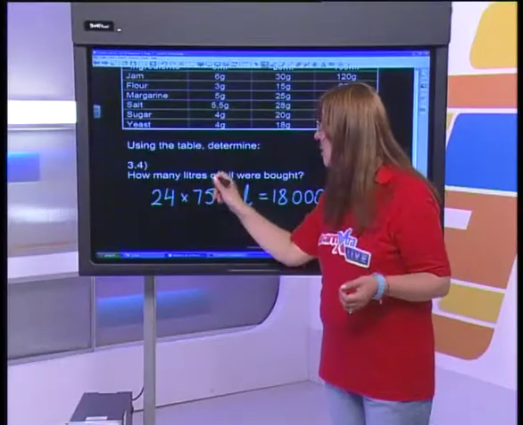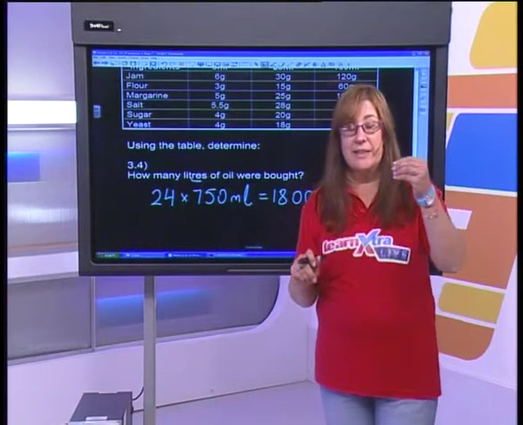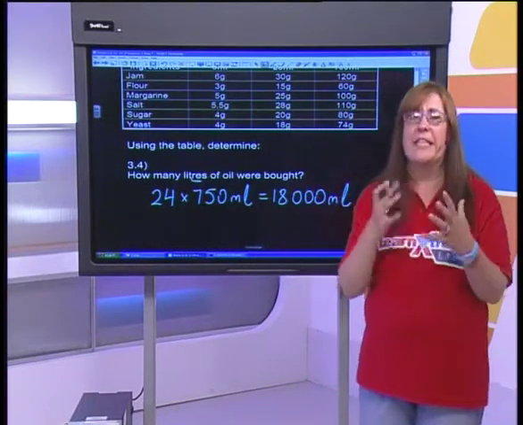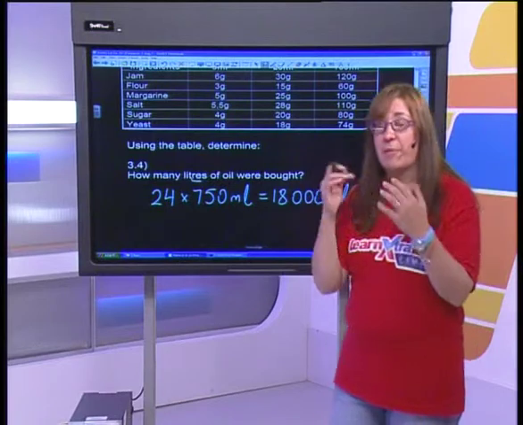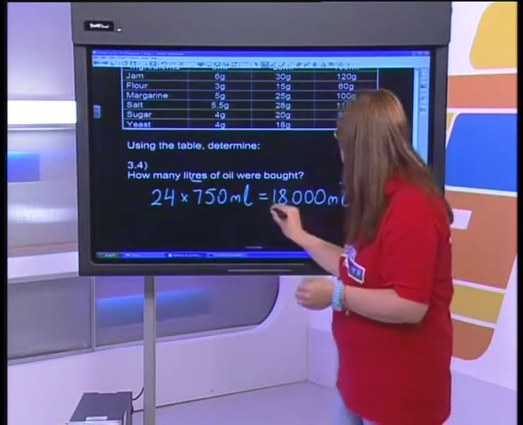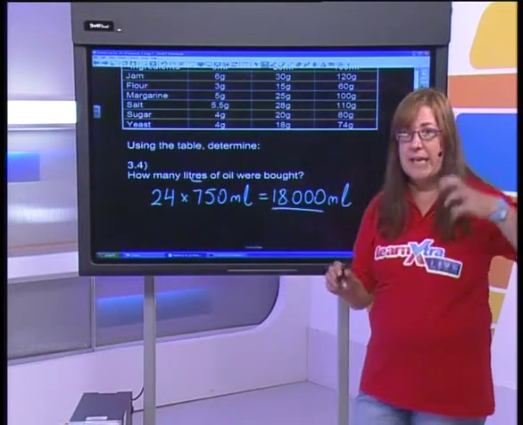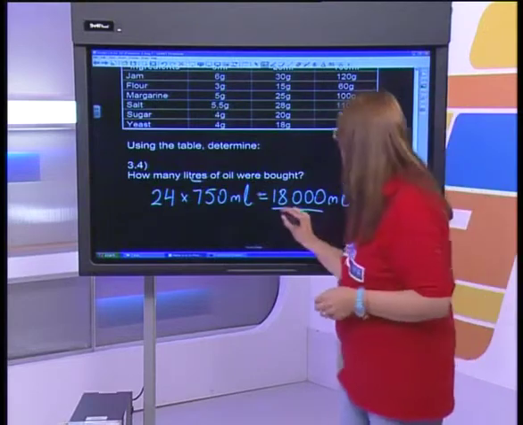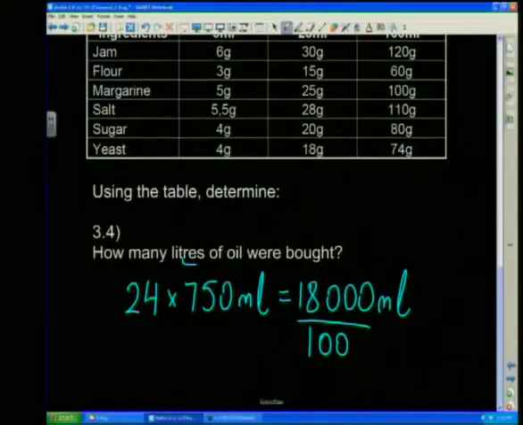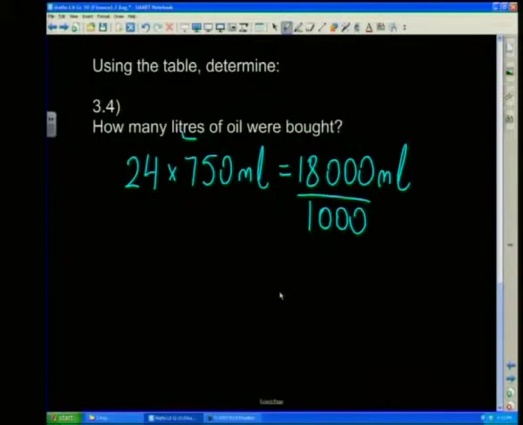But remember, my question asked me how many liters. And the other thing, I don't talk in 18,000s. So I'm going to convert that to liters. And we need to know how many mils in a liter. There are 1,000 mils in a liter. So I'm going to divide by 1,000. And in actual fact, I can just cancel my zeros. And I see that I end up with 18 liters of oil.